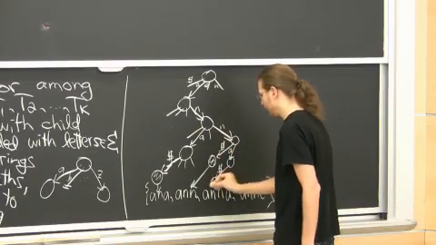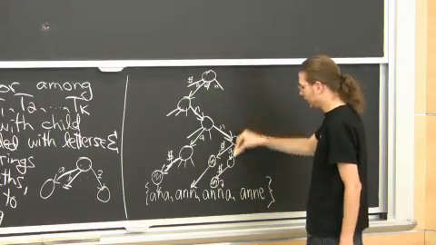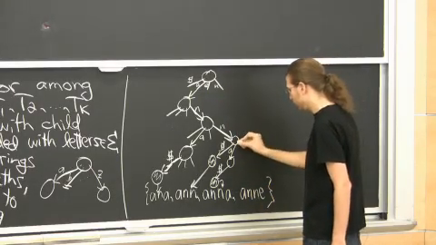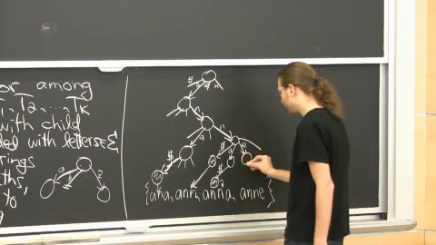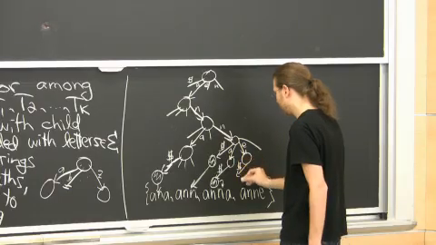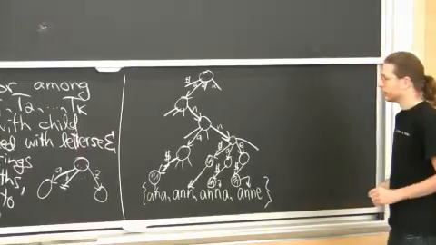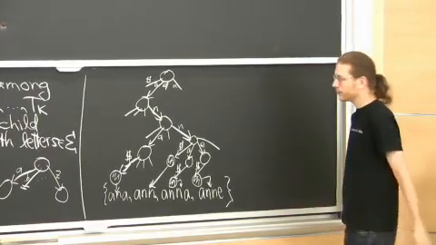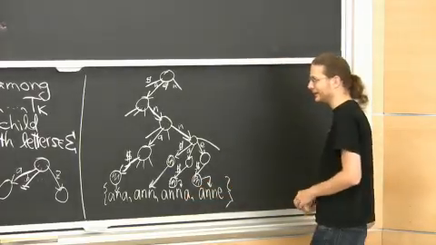And then we have a leaf corresponding to Anna, A-N-N-A, or could be we have an E next, and then we're done. Okay, not very exciting, but that is the trie representation of ANA, ANN, ANNA, and ANNE.